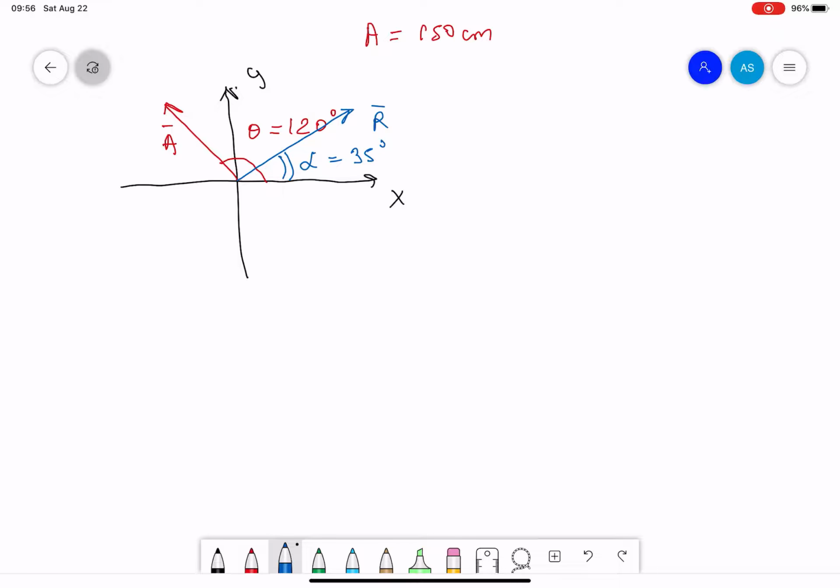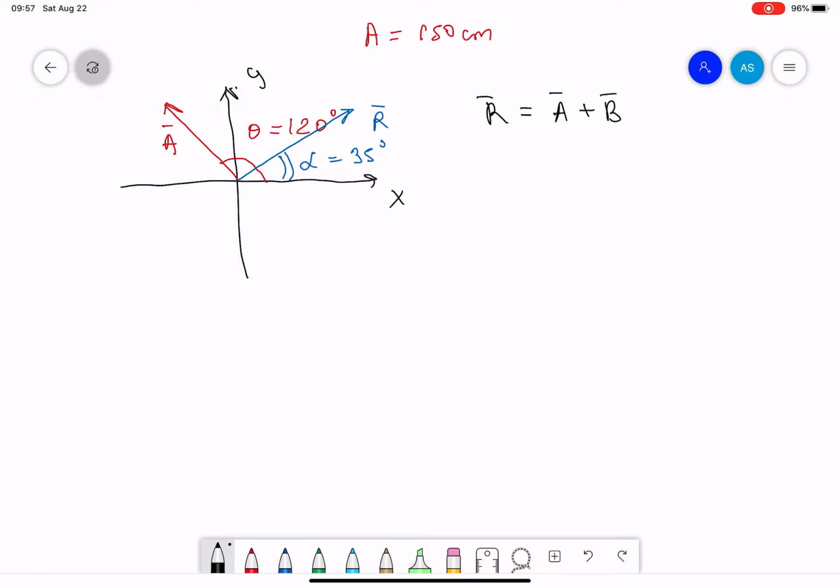Now we have to find the second vector, which is the B vector. We don't know exactly where it's located, but we can find it by the formula: R vector is equal to A vector plus B vector.